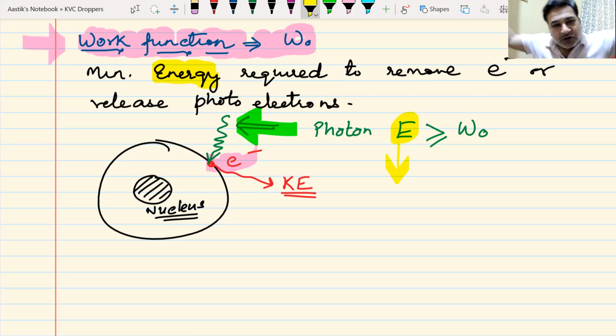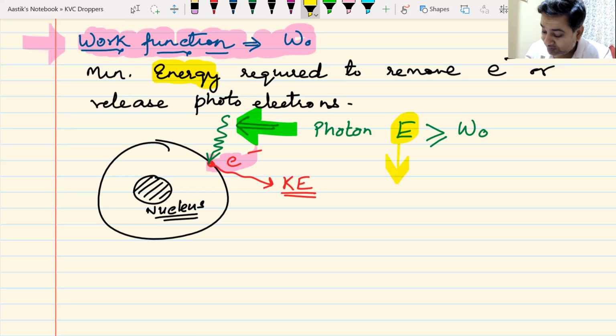So what do we call that frequency? We don't call that frequency work function frequency, because it does not look good. So we have a different name for it. The falling photon, that green gentleman, should have some minimum energy which comes from a minimum frequency.